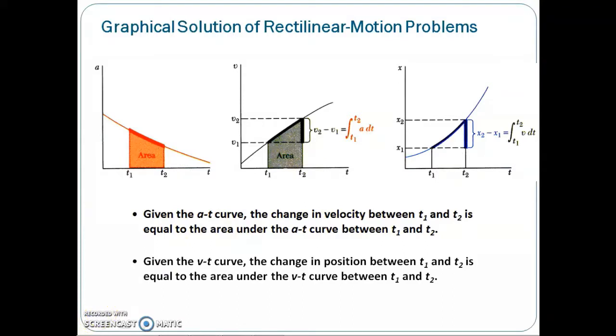To summarize these topics, kinematics, rectilinear motion of particles, we have learned how to determine the position, the velocity, or the acceleration of a particle in rectilinear motion. It's also important that we identify both the independent variable, typically t, time, or x, the position coordinate, and what is required.